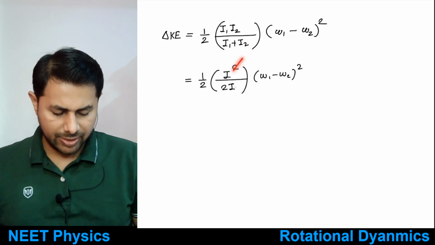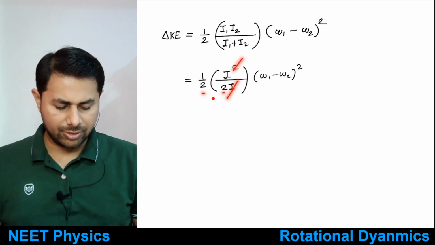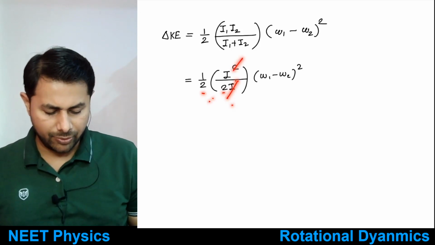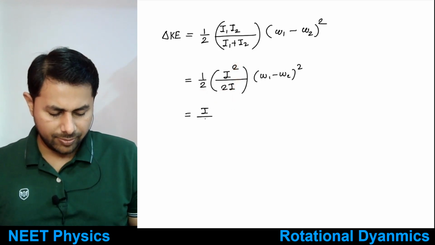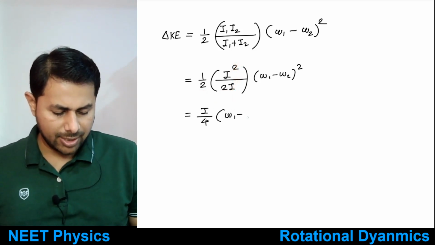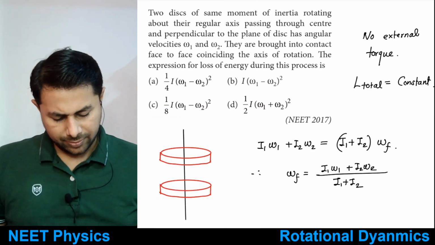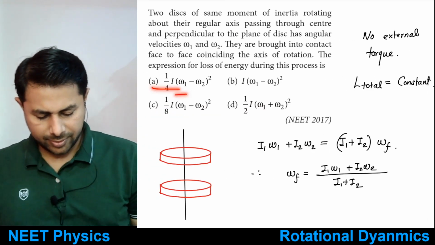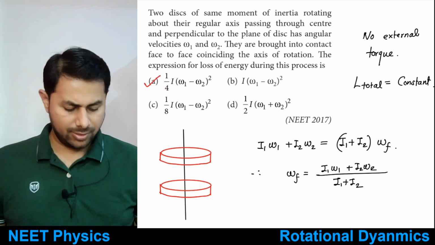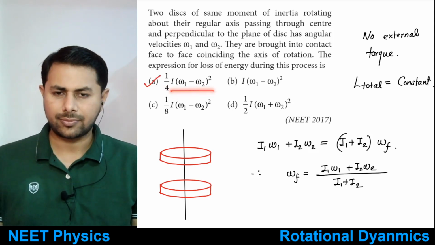The square gets cancelled with the I, and 2 times 2 becomes 4. So it is I by 4 multiplied by omega 1 minus omega 2 square. So it is option A.